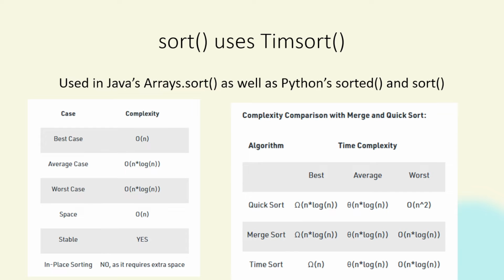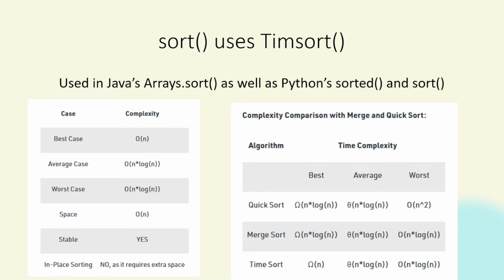In data structures and algorithms, we look at how efficient things are, especially sorting algorithms. Now, Python sort, as well as Java sort, uses an algorithm called timsort. This is a mixture of a couple of types of sorts, and it's quite efficient when it comes to ordering values that are already pretty much in order.